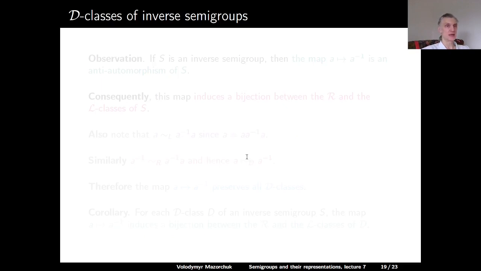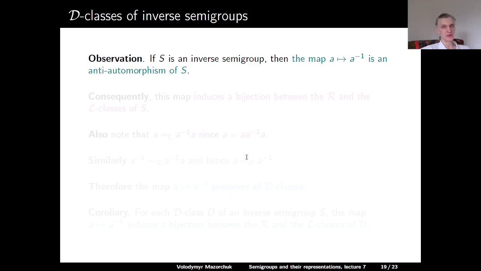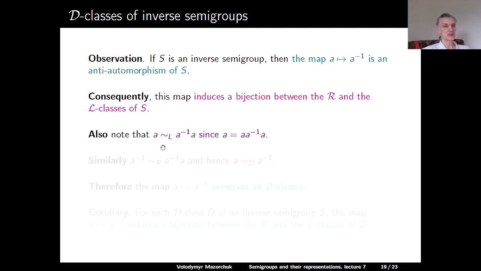Next, let us discuss D classes of inverse semigroups. Observation: if S is an inverse semigroup, then the map which sends A to A inverse is an anti-automorphism of S. Consequently, this map induces a bijection between the right and the left classes of S. Also, let us note that A is left equivalent to A inverse A because A is equal to A times A inverse A. And obviously A inverse A is A inverse times A. And similarly, A inverse is right equivalent to A inverse A, and together this means that A is D equivalent to A inverse.